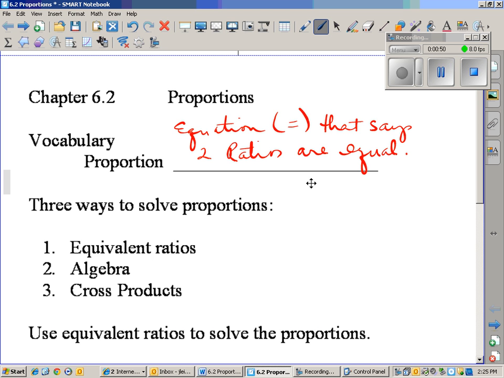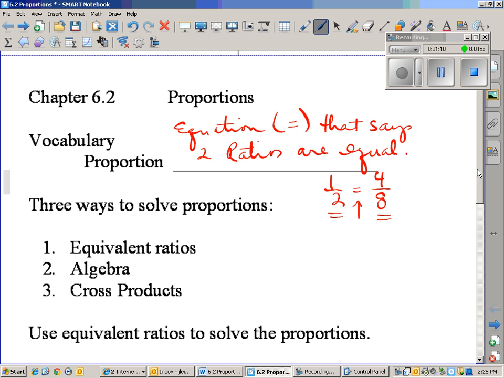So an easy proportion that you might recognize is 1/2 is equal to 4/8. This is an equation. There's your equal sign. And it says that this ratio, 1:2, is equal to 4/8. And of course, we know that's true.